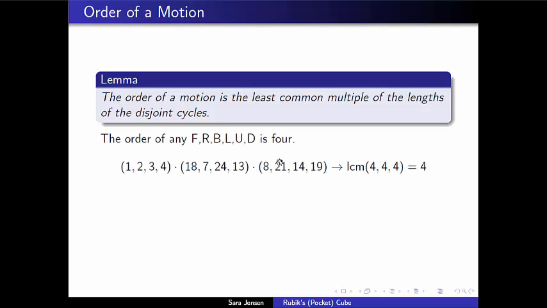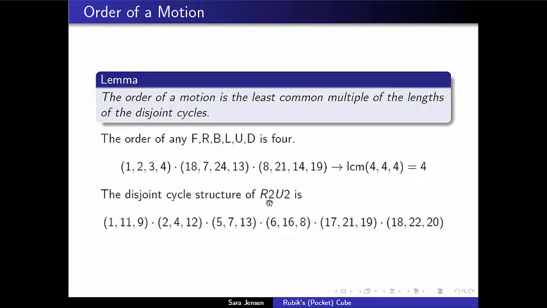This is nice because we just wrote out this front permutation as a 4 cycle, a different 4 cycle, and a different 4 cycle. So according to this rule, the order of this particular motion of the Rubik's Cube should be the least common multiple of 4, 4, and 4, and it just so happens that 4 is the smallest possible multiple of those 3 values.